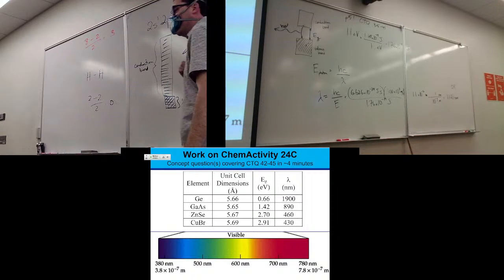So these all have diamond crystal structure, or zinc blende, if you want to be more specific and accurate.